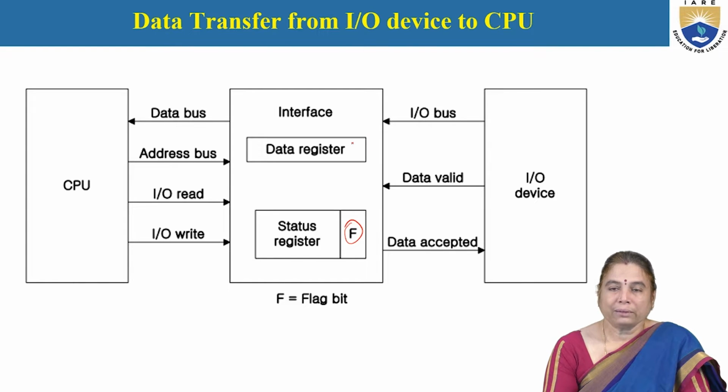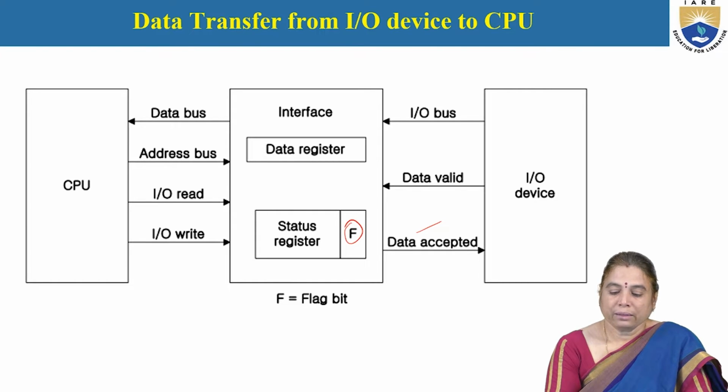So the IO bus can carry out the input-output operation by disabling the data accept signal, so that the data can be transferred from IO devices to the CPU via the address and data buses according to the read or write operation.